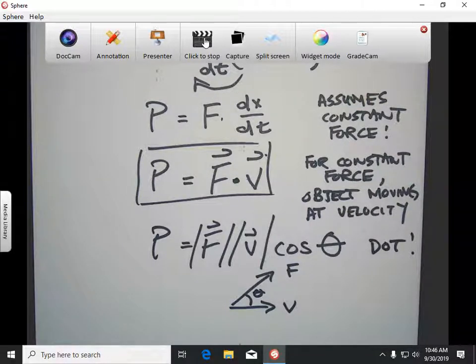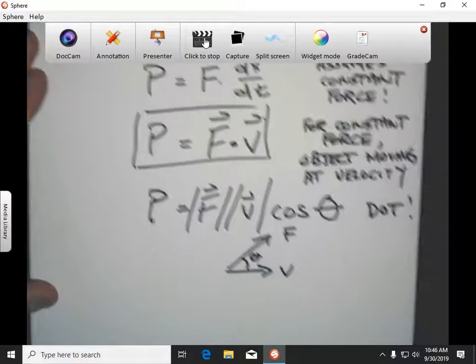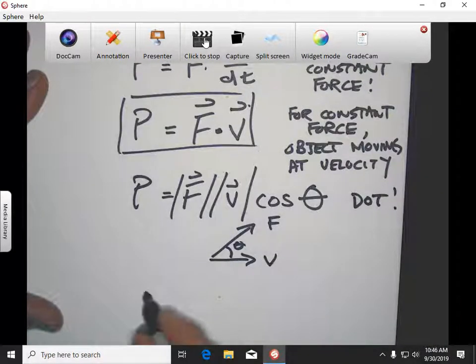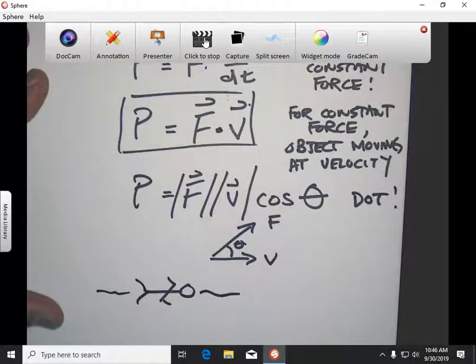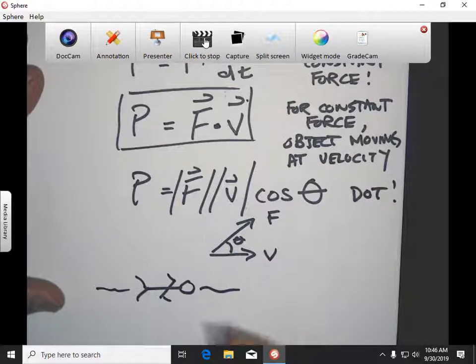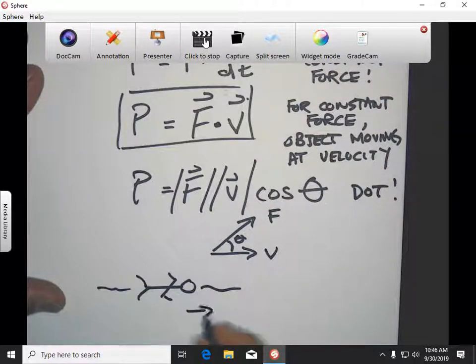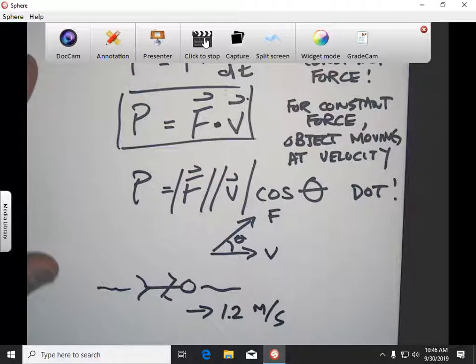Okay. So a quick example would be, let's say that I'm swimming. There I go. There's the water. And let's say that I can swim at a velocity of 1.2 meters per second. And I can keep swimming at that rate for a while before I collapse.